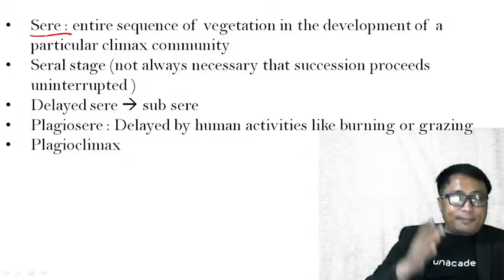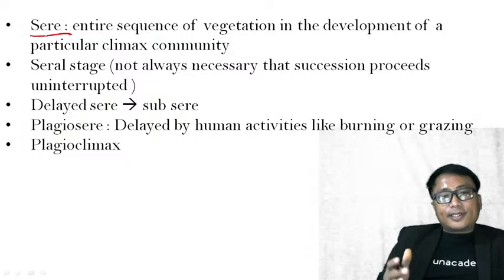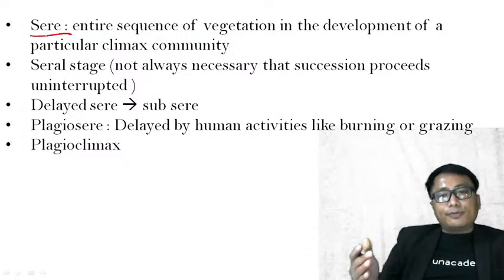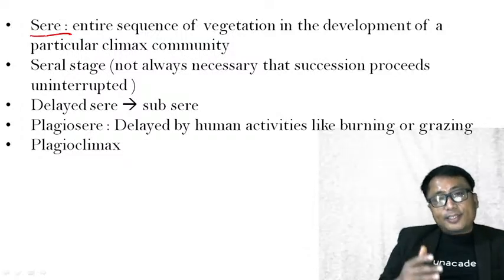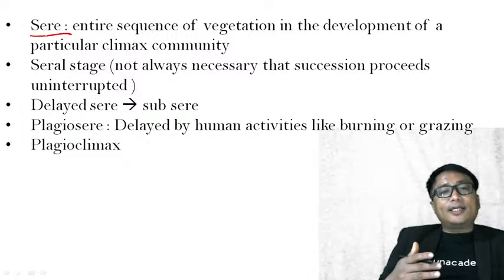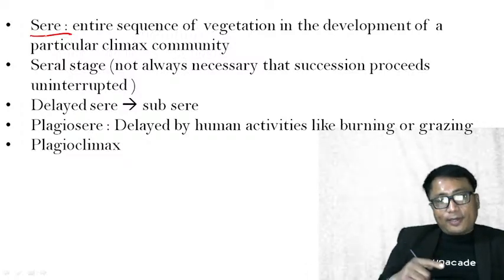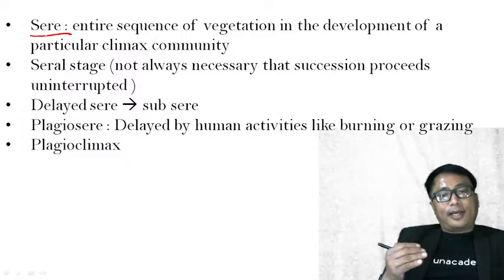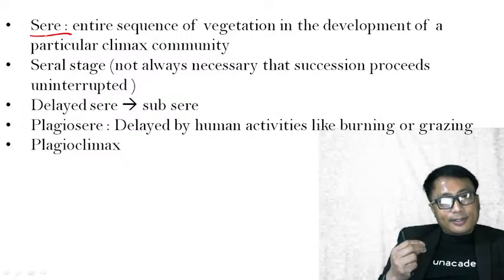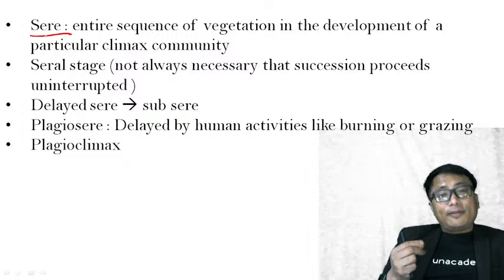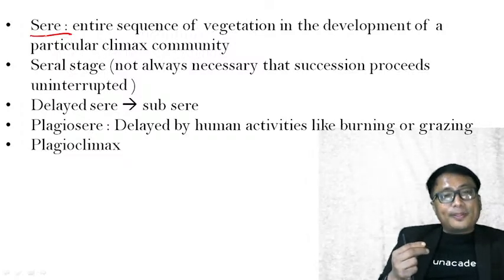Serial stage means it is not necessary that succession proceeds uninterrupted. Just now we have seen succession is a natural process, but its direction and rate can be influenced by human action or interference.